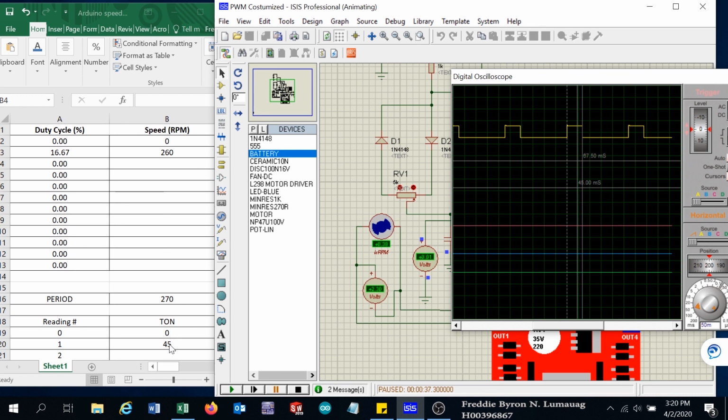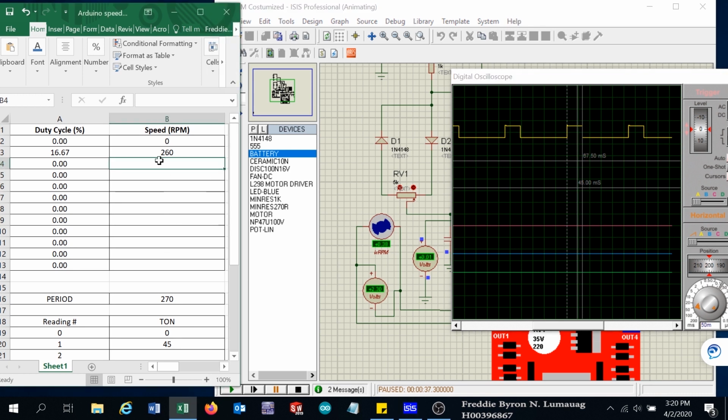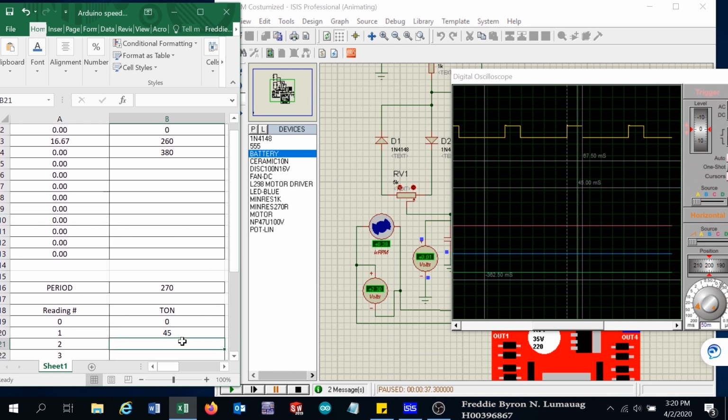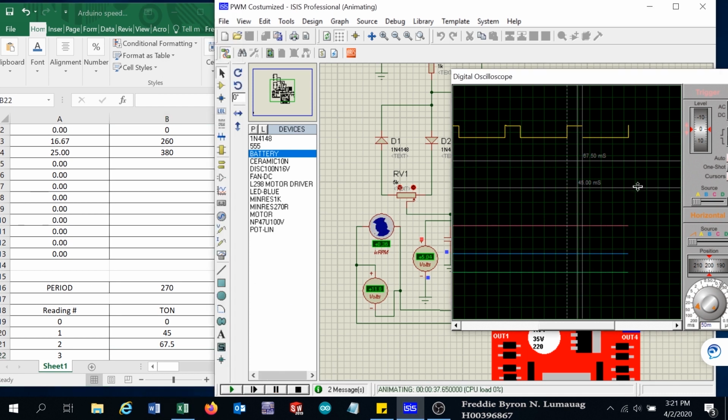So the time is 67.5 milliseconds. Then for the next one, I will clear the cursor so that it will be clear.